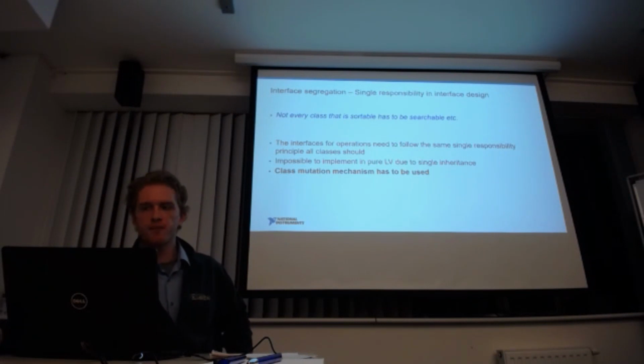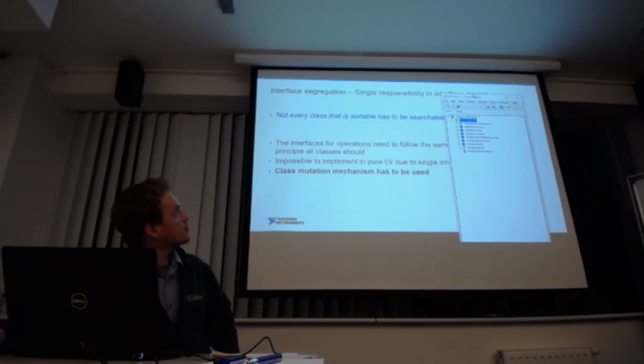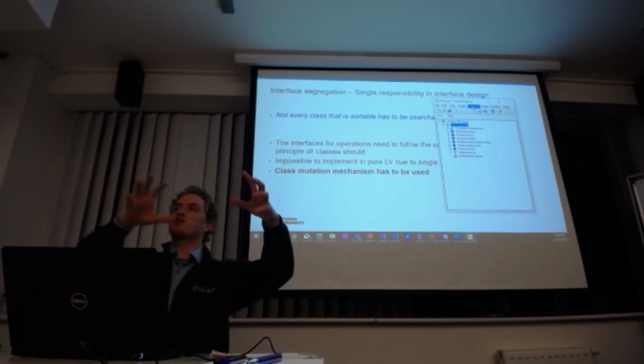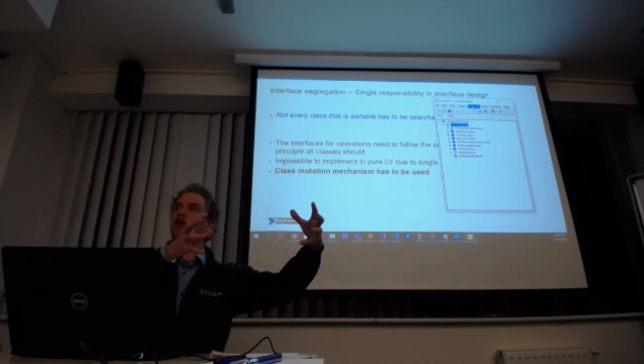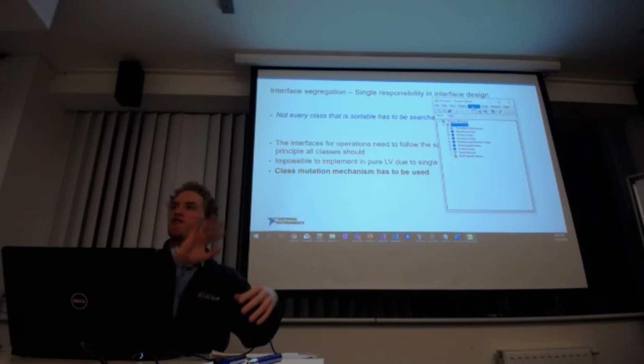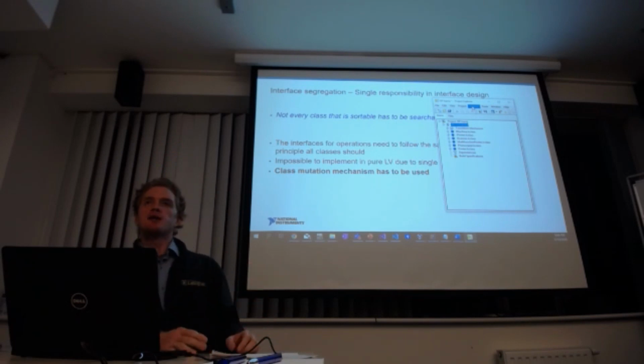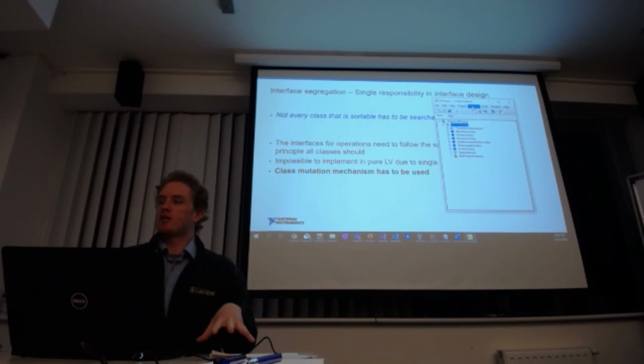Interface segregation principle. Okay, so here the example that I have is I am writing a driver for this Office Island device that prints, scans, and faxes documents. So I'm writing this driver right now.